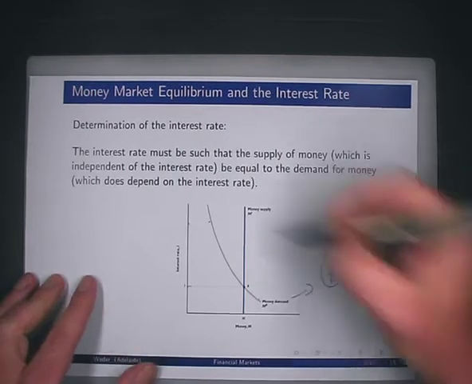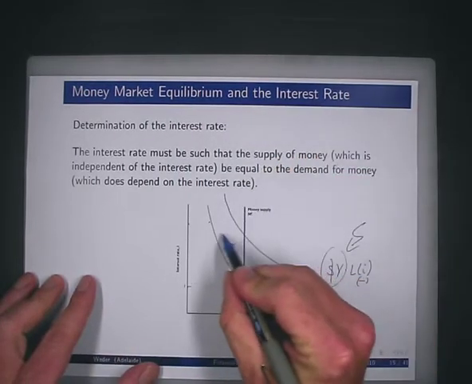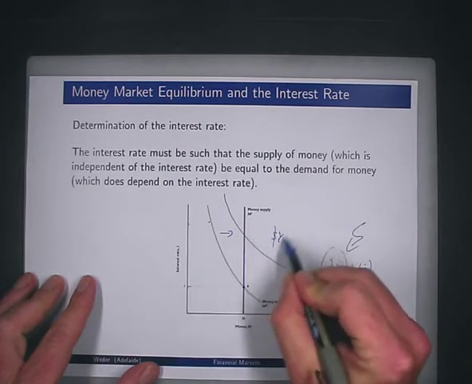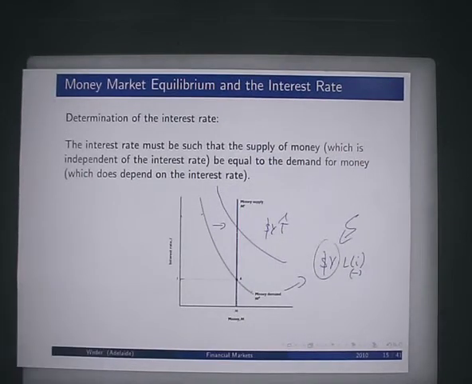So if nominal output goes up, or the volume of transactions in the economy increases, you need more money. So the demand for money will go up.